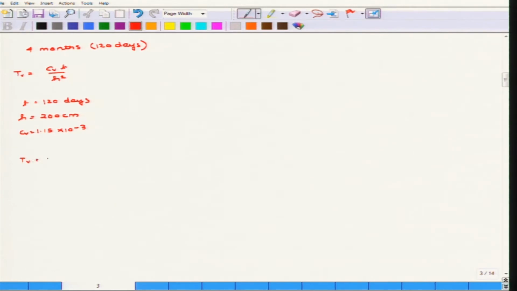So from there we calculated TV equivalent to 0.298, or equivalent to 0.30. Now, from TV we can actually calculate the degree of consolidation. Because there is a formula between TV and U, if you back calculate the degree of consolidation from TV, it comes out to be 0.613.